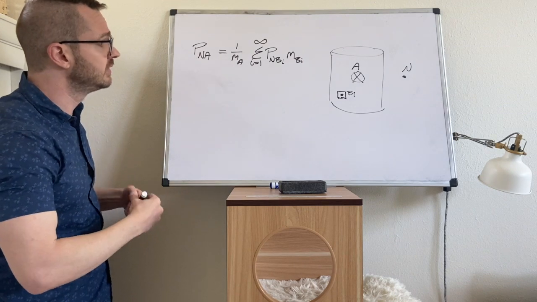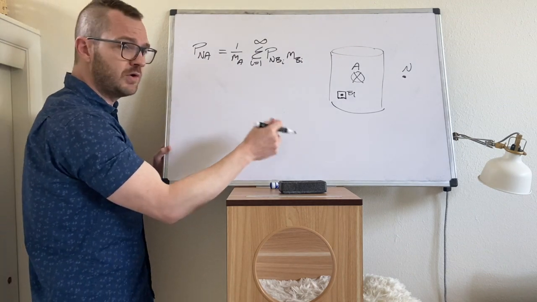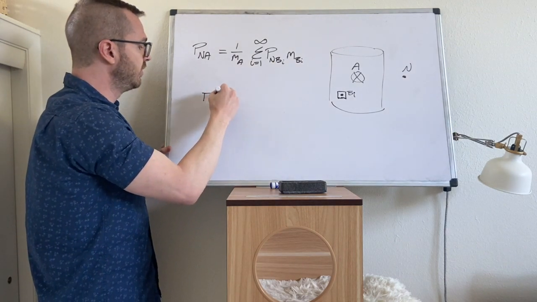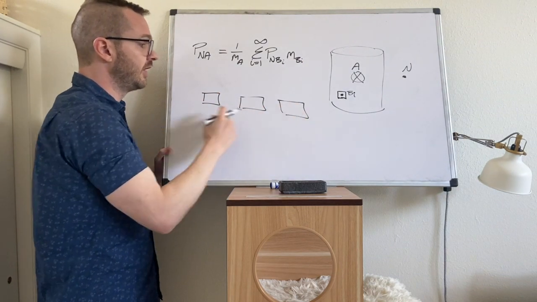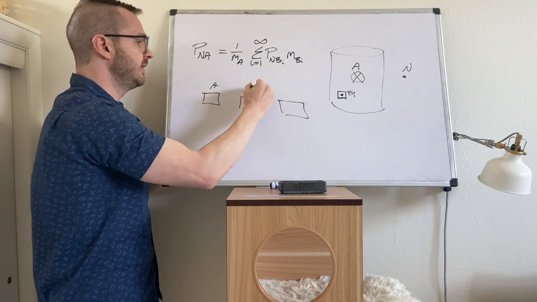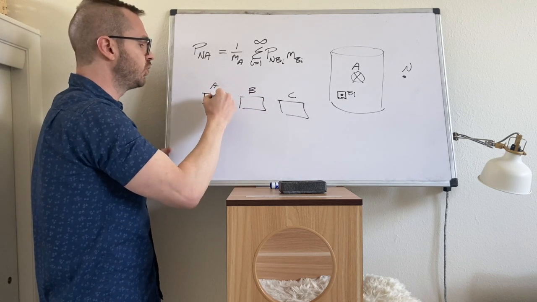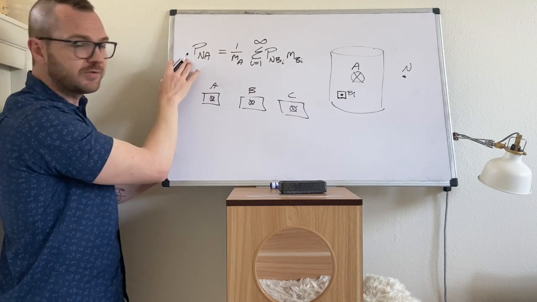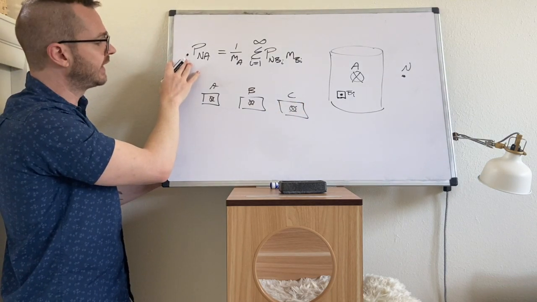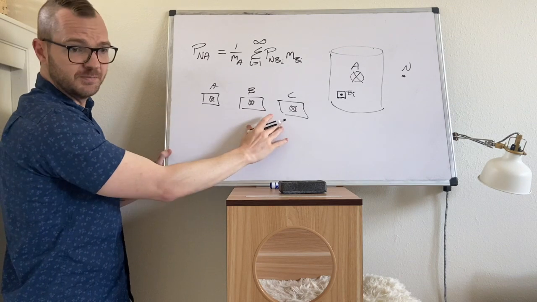But also, just as a quick comment, what if you have a system where you have multiple rigid bodies? For example, here is a series of 3 blocks, block A and B and C, and each one of them has their own center of mass. Well, this equation above can actually be used to find the center of mass of a system of rigid bodies.